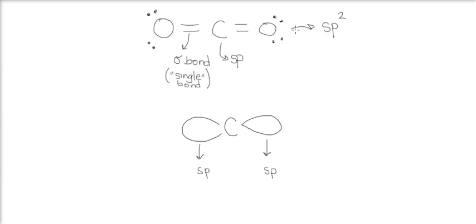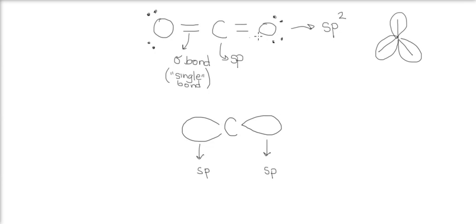The oxygen has sp2 orbitals that are being used. And if we remember the shape of sp2, it has this triangular shape where the orbitals are pointing in the direction of these lines like this.